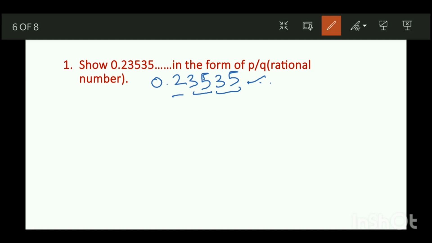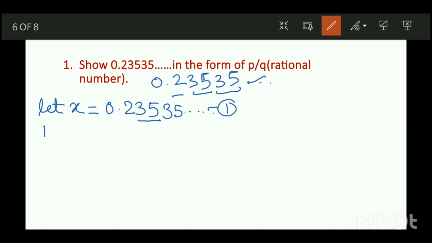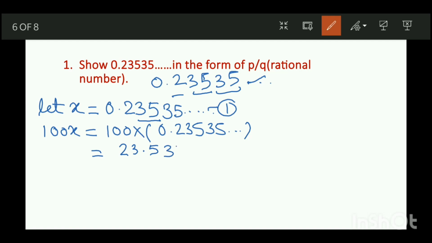So first let x be equal to 0.23535 and so on. This is our equation number 1. Since after the decimal 2 digits are repeating here, we will multiply this by 100. 100x is equal to 100 multiplied by this number. What will we get? 23.53535.